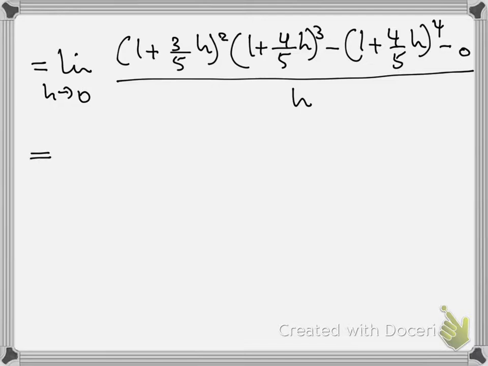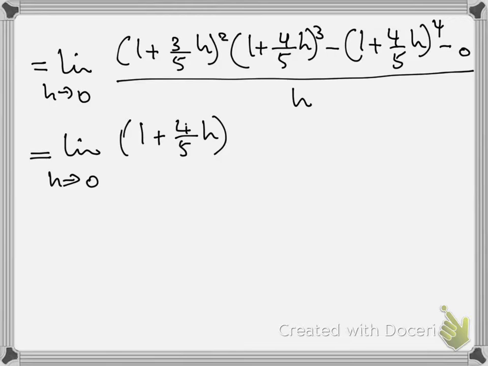Okay, so let's compute this. Well, let's factor out here (1 + 4/5 h). So that's the limit as h goes to 0 of (1 + 4/5 h).